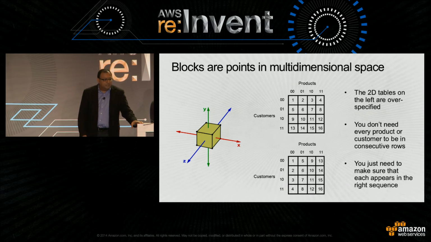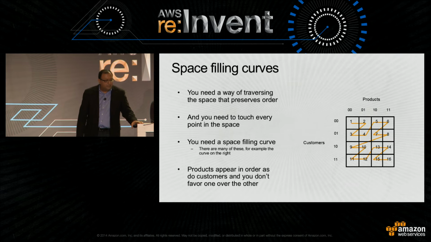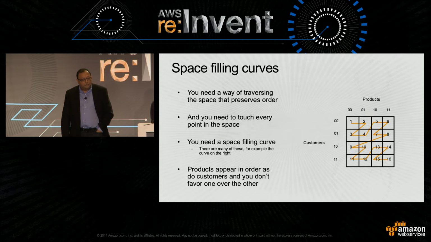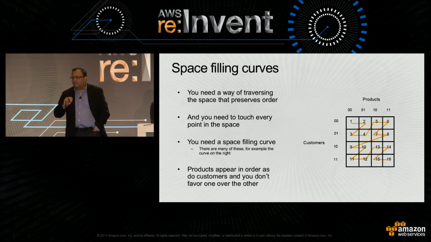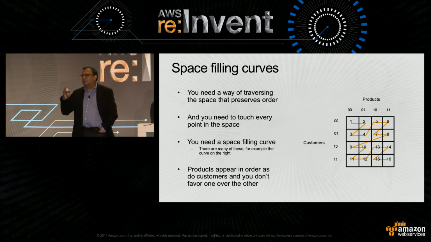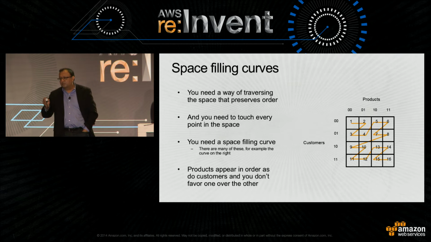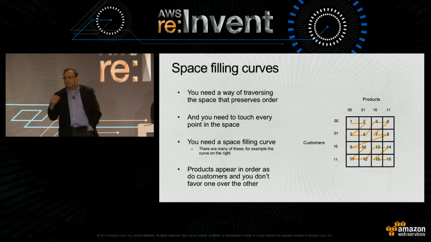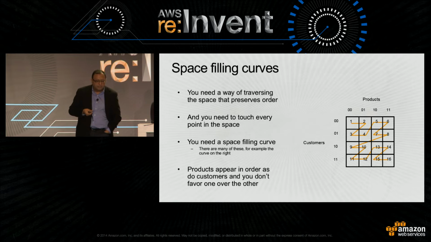But what I mean by it being over-specified is that you don't need every product to appear per customer. You just need every product 2 to appear after every product 1, so that order is preserved. You need every customer 2 to appear after every customer 1. And there's a more efficient way of doing it. There are a ton of space-filling curves out there. This happens to be the one we're using.